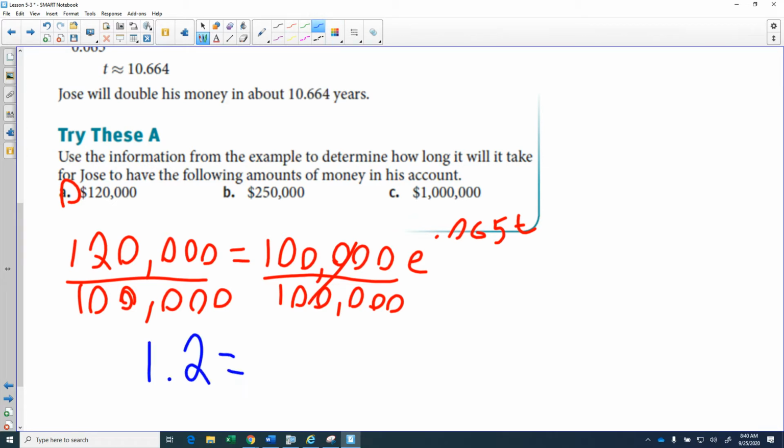So 1.2 is going to equal e to the power of 0.065t.